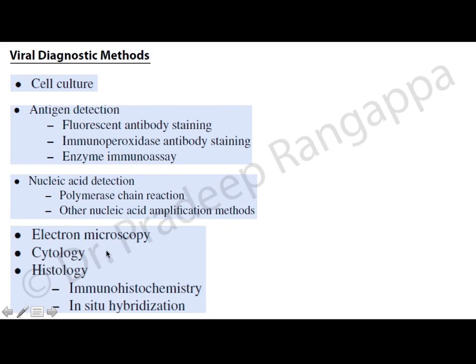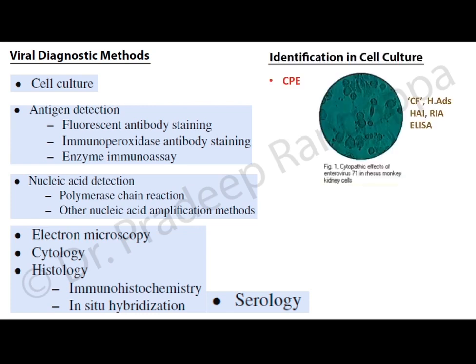The direct way of identifying viral infection is by electron microscopy, cytology, and histology. In histology, you have immunohistochemistry and in situ hybridization. But the most practically useful method of identifying viral infections is serology, and you have something called cytopathic effect.